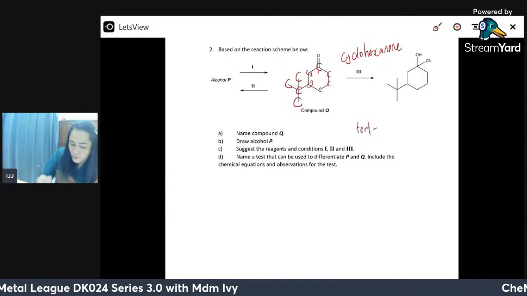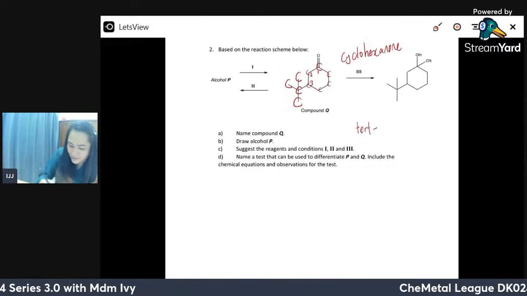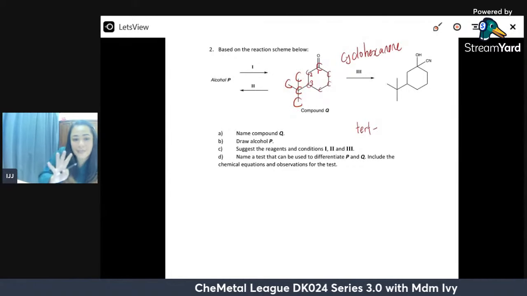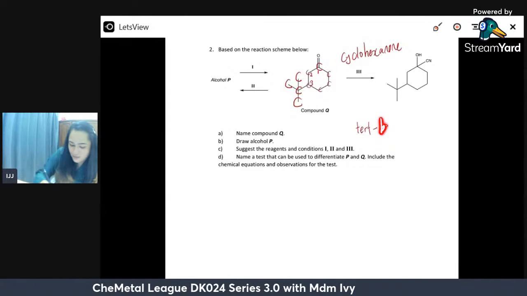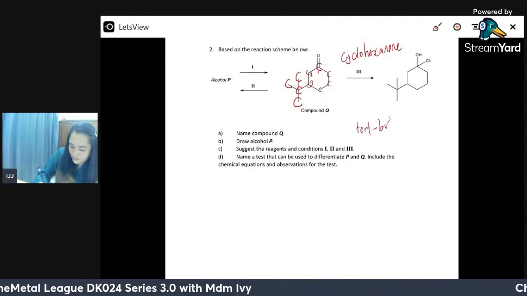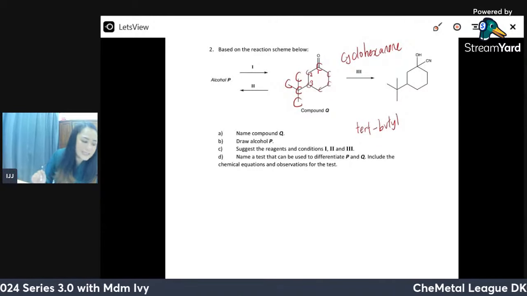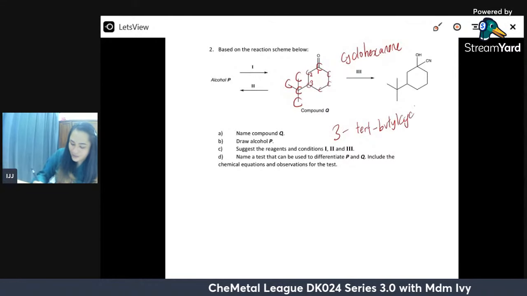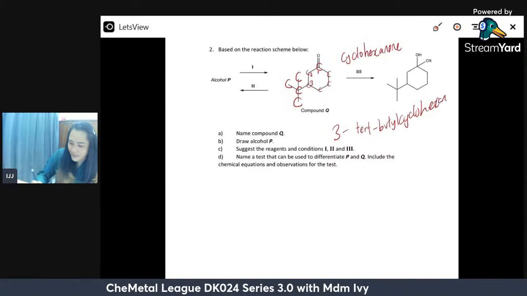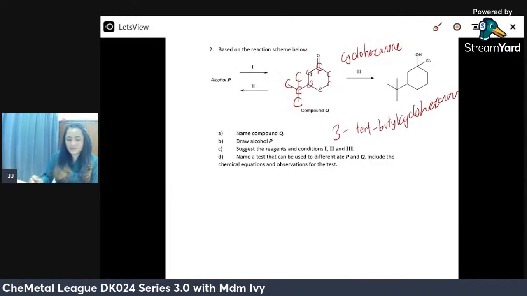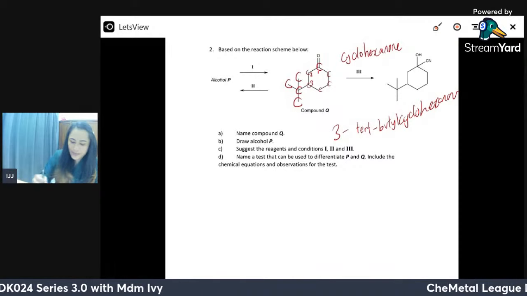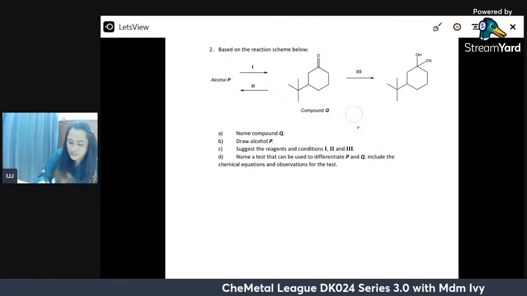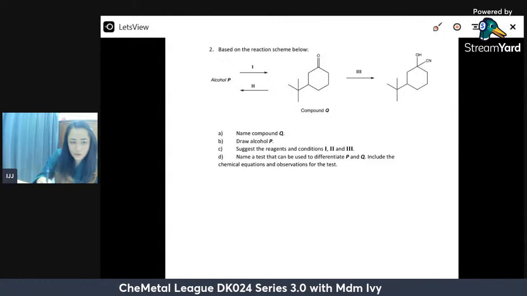Okay, lepas tu berapa carbon yang ada? Dia ada 1, 2, 3, 4. 4 carbon. So dia tert-butyl. Tert-butyl. And it's located at carbon number 3. 3-tert-butylcyclohexanone.